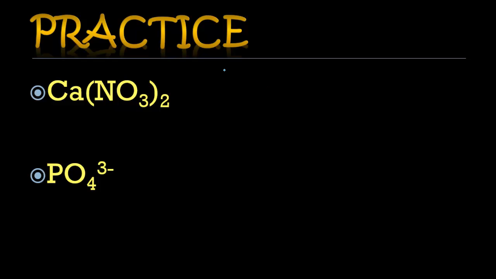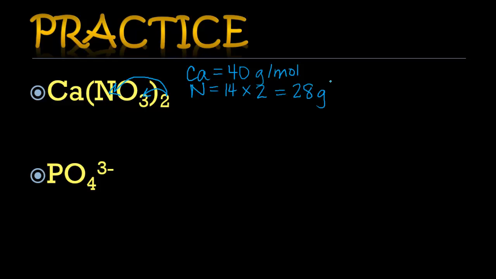Let's try 2 more here. CaNO3. So we're going to look up Ca, and Ca is 40 grams per mole, and we only have 1 of them. Then we have NO3, but remember we have the 2, so the 2 is going to distribute through. So our N is 14 times 2, which is 28 grams per mole.